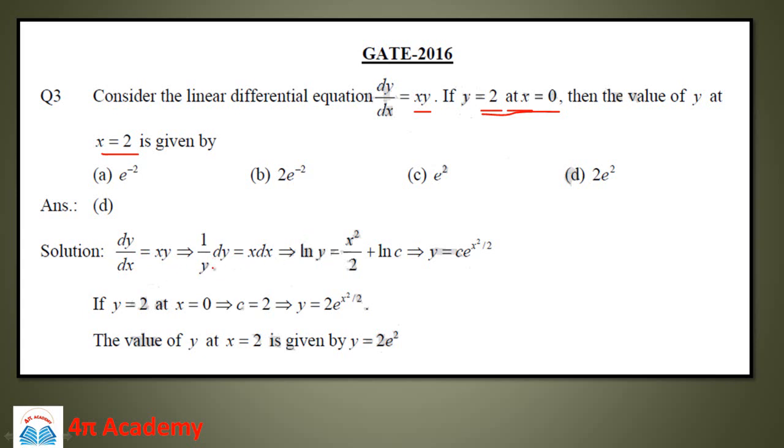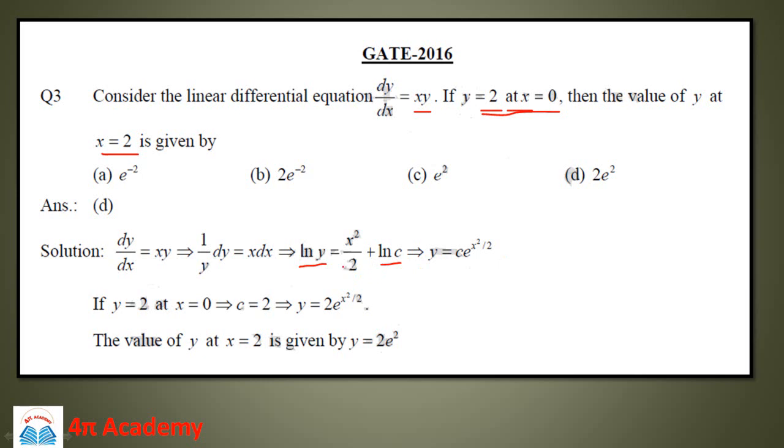Integrating this, we get the integration of 1 upon y with respect to y is ln of y, and it is equal to the integration of x dx, which is x square by 2 plus ln of c, some arbitrary constant. We write it as ln of c for our convenience.